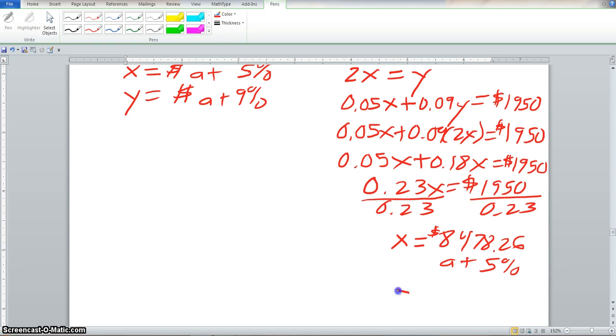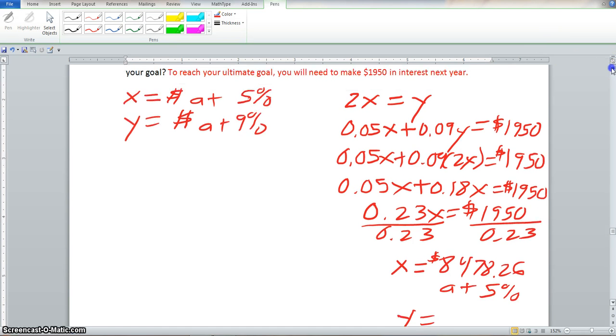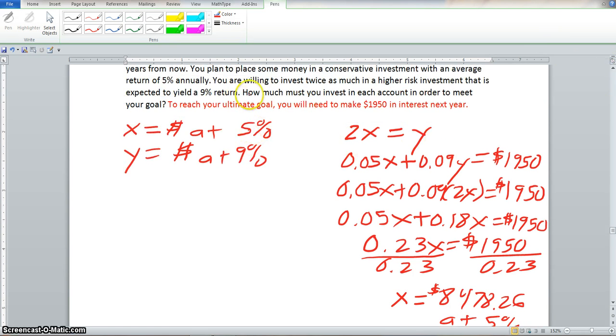Now our y value, remember, we invested double this value into the... okay, class, I need to go back and clarify something. I made a small error here. It says in here, you are willing to invest twice as much in a higher risk investment that is expected to yield 9%. So when we have 2x is equal to y, this y value, or the 9%, you will have double the amount of money in the 9% account versus the 5% account.